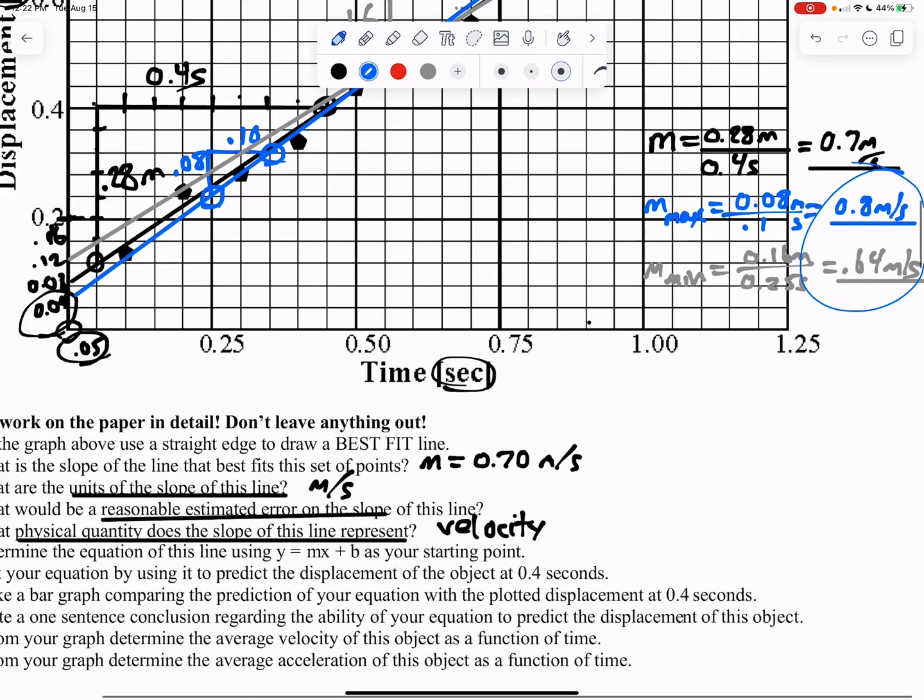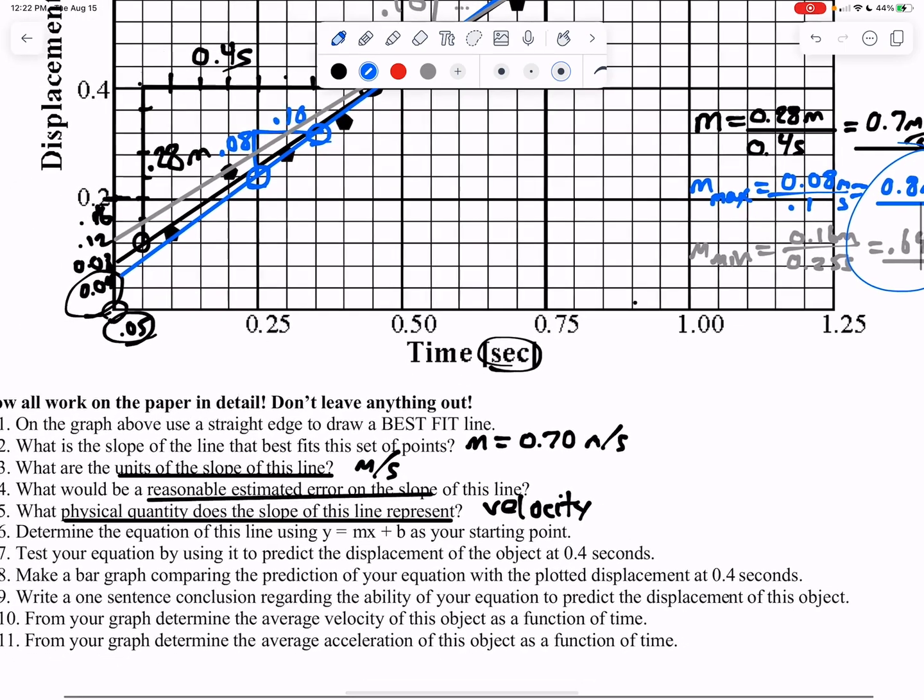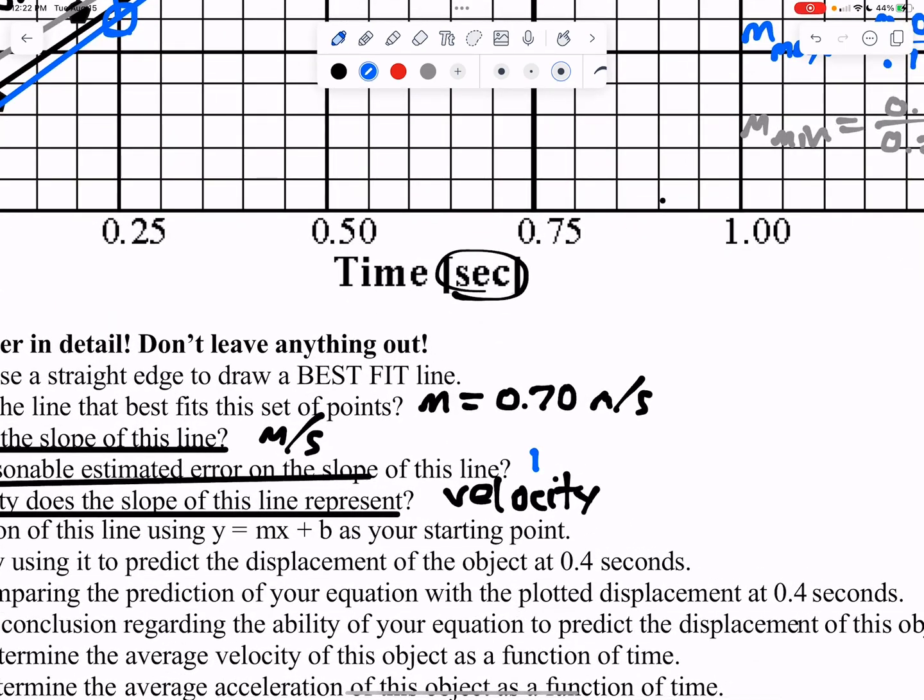So take the difference: 0.8 minus 0.64, and you're about 0.16. Take half of that, and we're looking at about 0.08. So we're looking at plus or minus 0.08 meters per second.